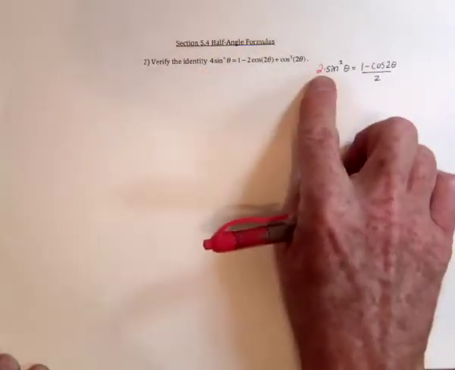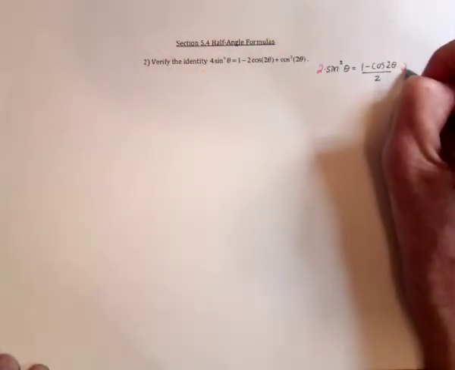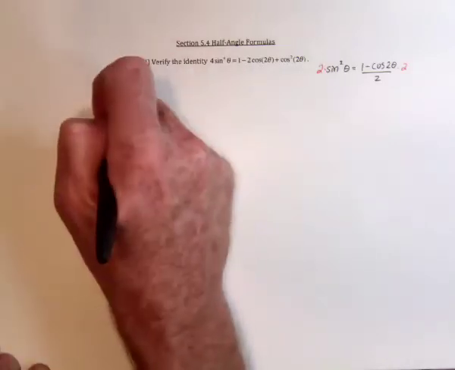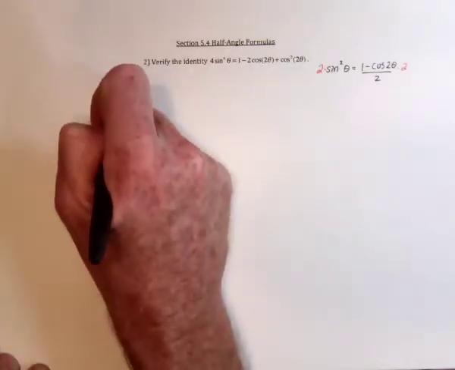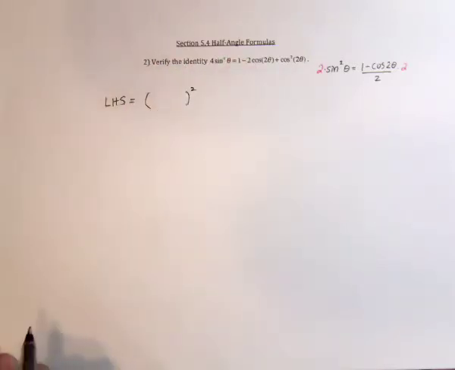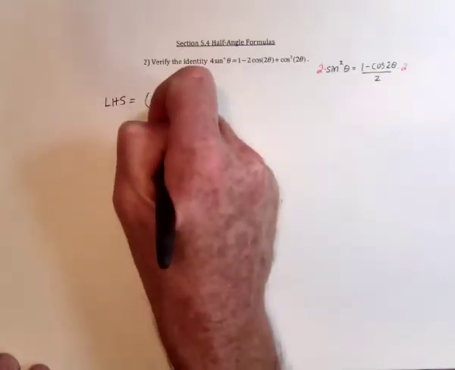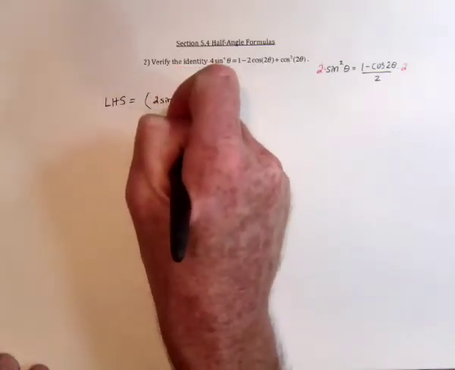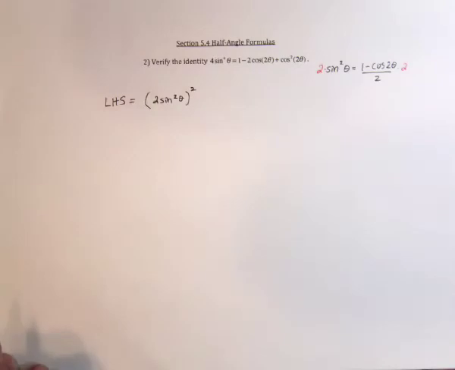So right now I multiplied this side by 2, I then need to multiply this side by 2 as well. So I've got that the left-hand side can be rewritten as something squared, namely a 2 sine squared being squared. So there's the left-hand side.